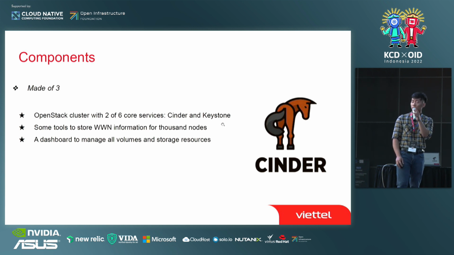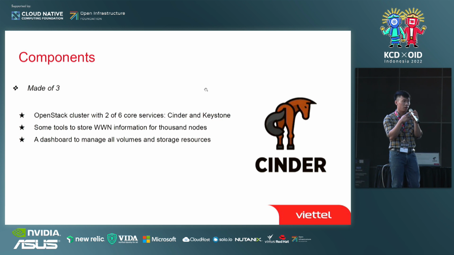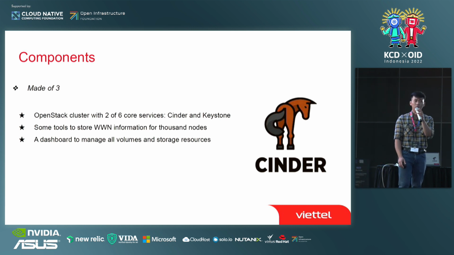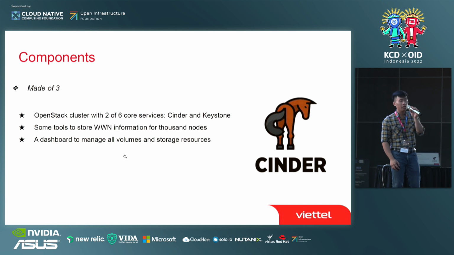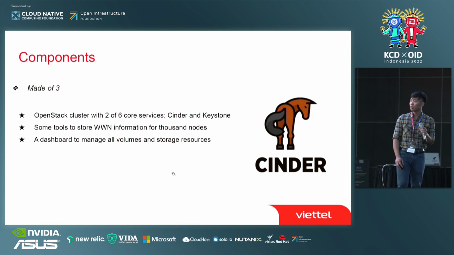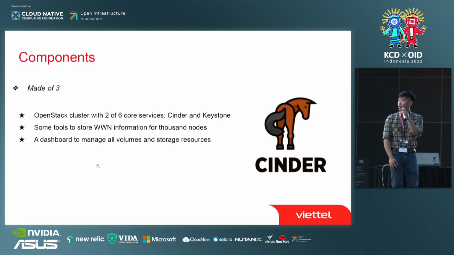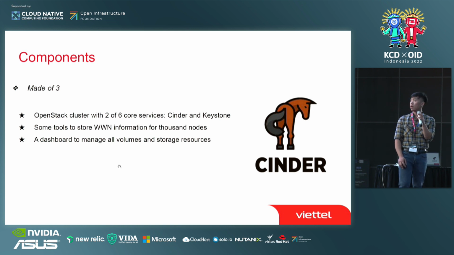The first component, obviously, is OpenStack Cinder, so it has to be an OpenStack cluster, and we succeeded in deploying OpenStack to a minimum of two of the core services, Cinder and Keystone. Secondly, we need a tool to store worldwide name information of physical servers for many thousand nodes. And the last thing we have to think about is a dashboard to manage all volumes and storage infrastructure.